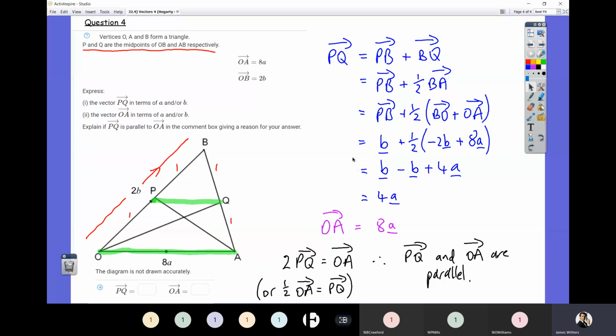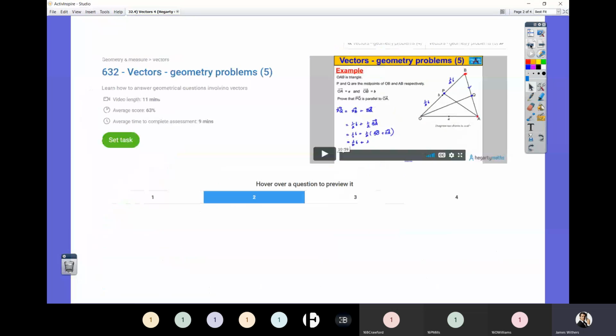So that's it, folks. Please go and have a go at Hegarty 632. As I said, if you get 100%, that's great, and I love it when I see your workings. If you don't get 100%, it's really important that you let me know that you understand where you went wrong.